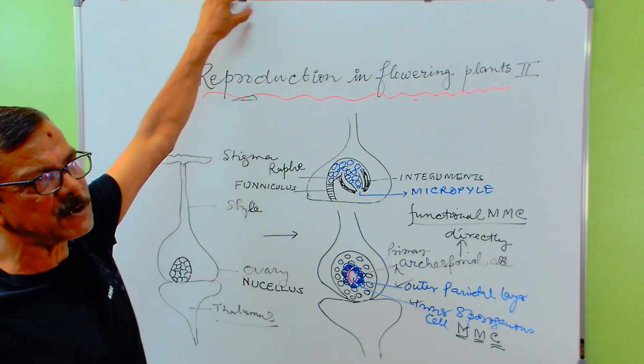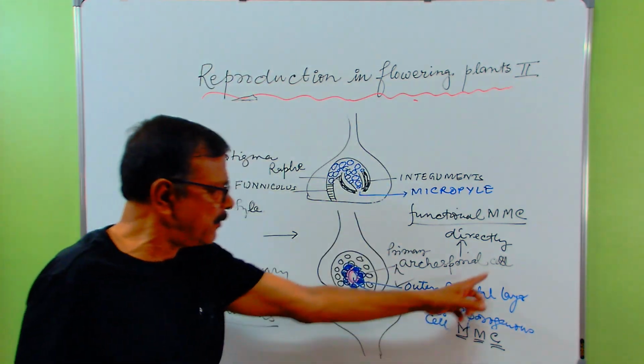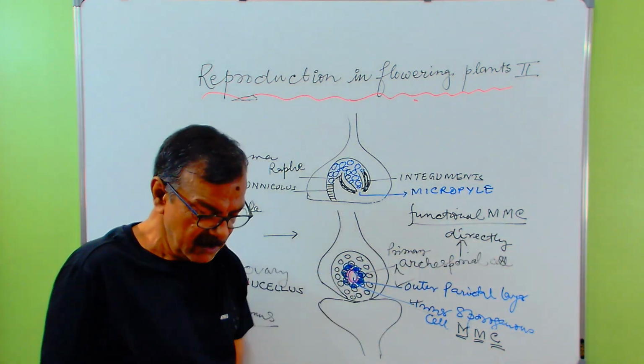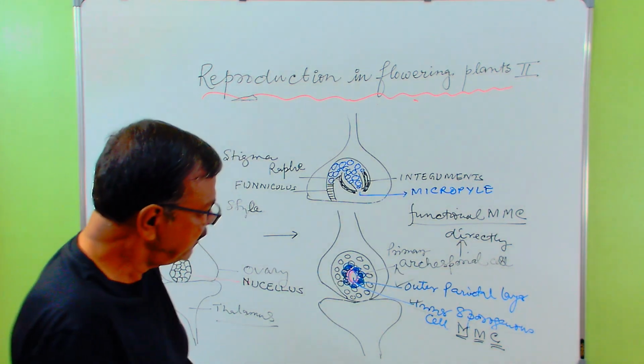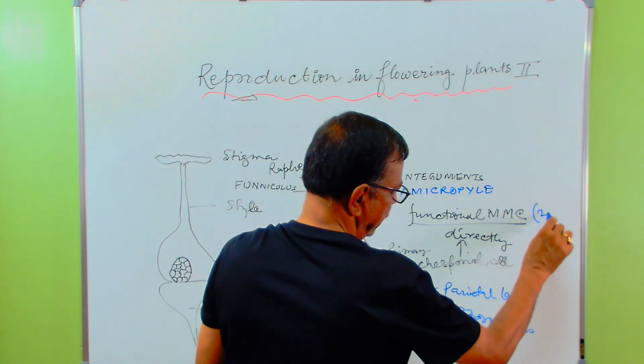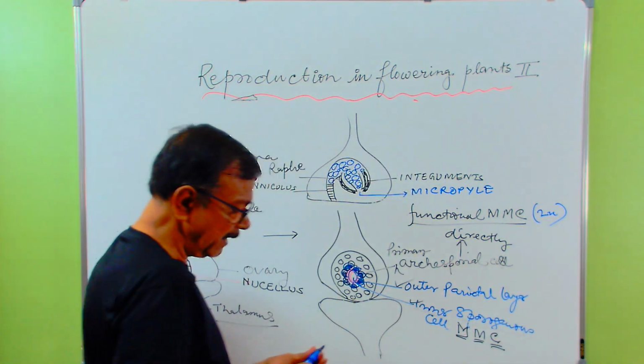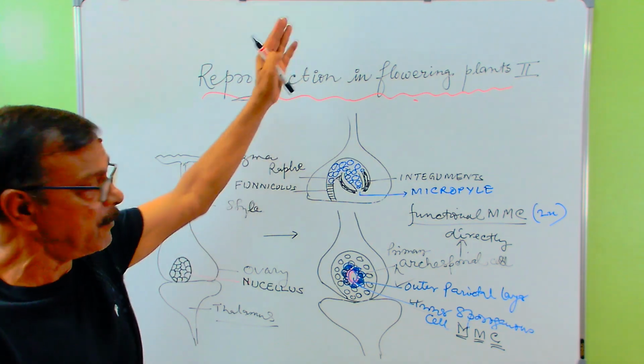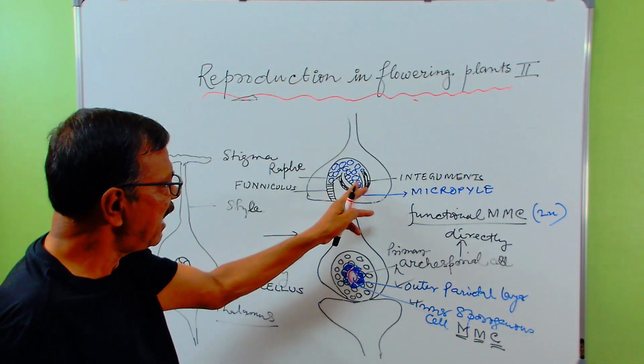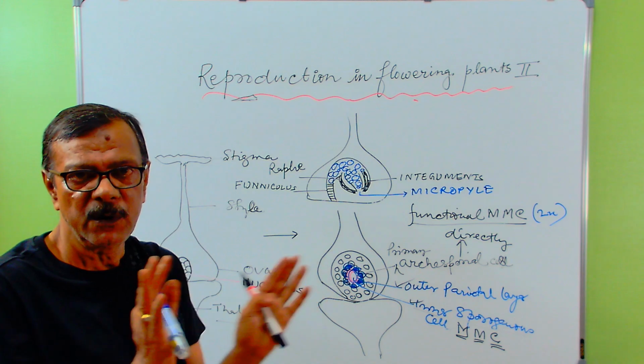It is not that the microspore mother cell and megaspore mother cell are produced directly. This megaspore mother cell is 2n. And the microspore is n, we have already seen this. We are coming to how a single one will be produced.